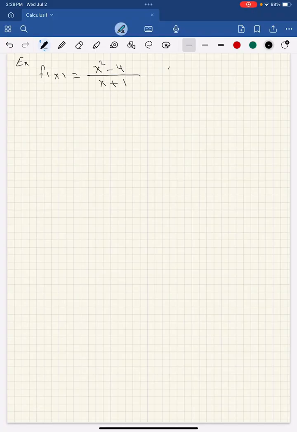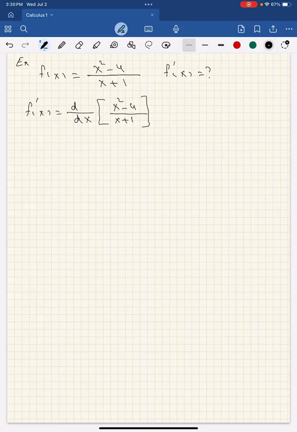They are asking you to find f prime of x. Find the first derivative of this function. What I'll do here, I will write f prime of x equals d dx of x squared minus 4 over x plus 1.